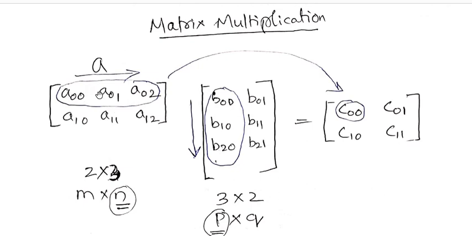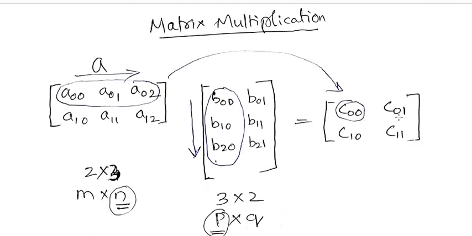Basically, we multiply this row with this column with the respective elements. So this is multiplied with this, this is multiplied with this, and this is multiplied with this. The sum of all those becomes the first element, C00.